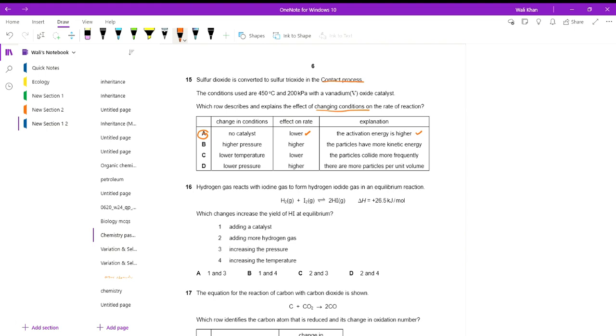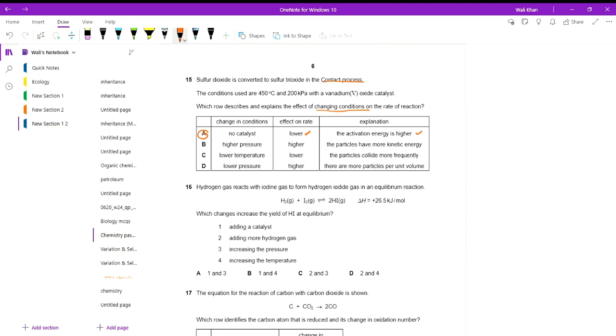If we remove the catalyst, the reaction will be slow, rate of reaction will be lower, and the activation energy will be high. If we change the pressure, high pressure, the effect on rate is higher, the particles have more kinetic energy.